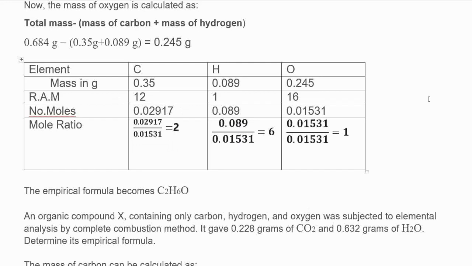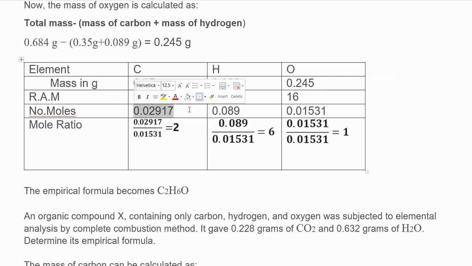And then the next thing is the mole ratio. How do you get the mole ratio? Once you have calculated the number of moles, check the number of moles you have. Take the one that is smallest, the number that is smaller among all the moles. You check these moles here and this one.